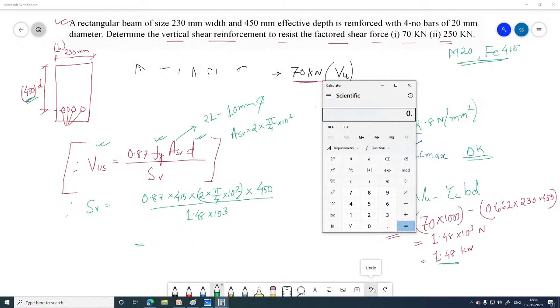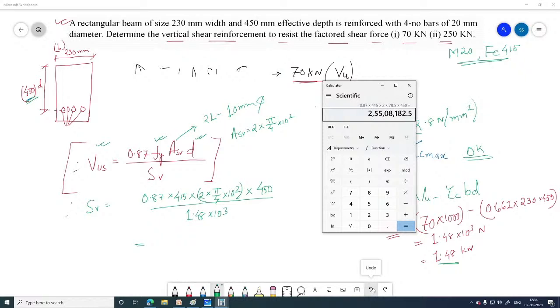It will be 0.87 into 415 into 2 into 78.5, because pi by 4 into 10 square is 78.5, that means the cross sectional area of the 10 mm dia bar. So 78.5 into the effective depth, that is 450, right?